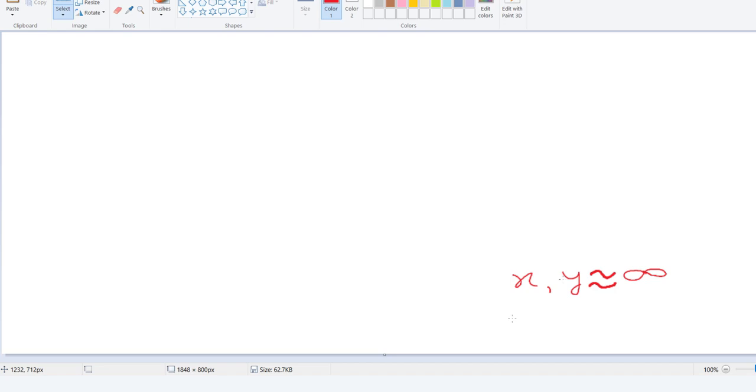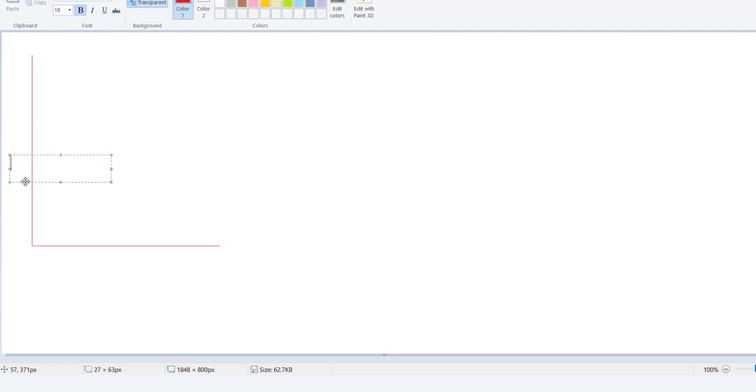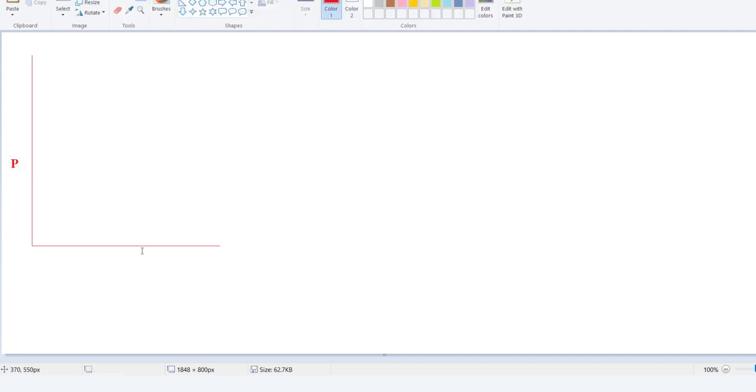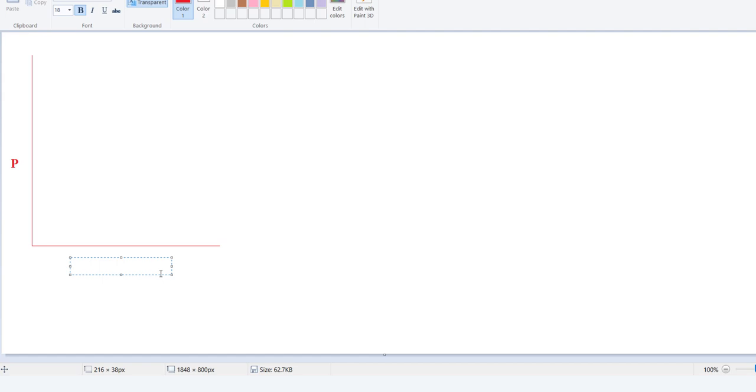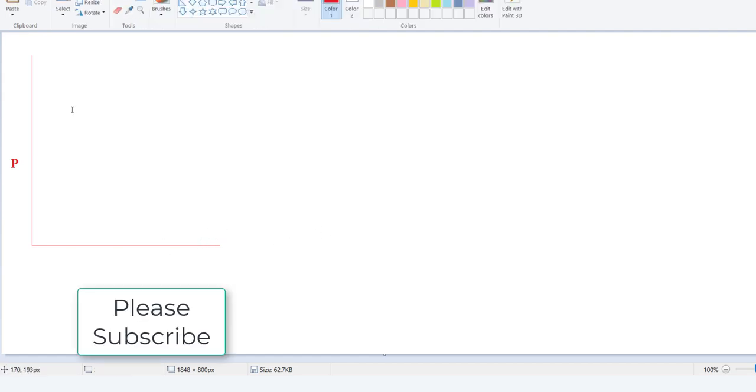So if we make a sketch to understand the graph, let me take this axis as the applied load P, and this is the displacement, lateral displacement. You can mark it as delta.